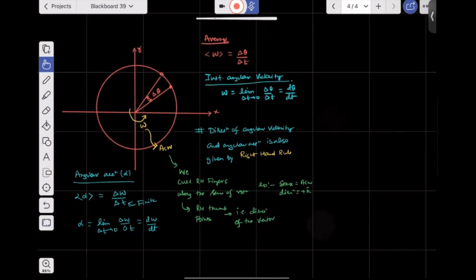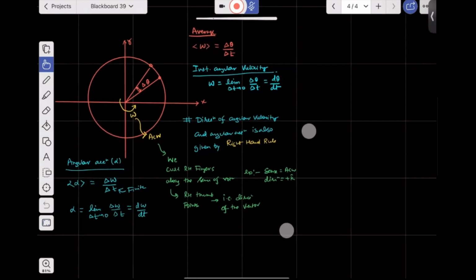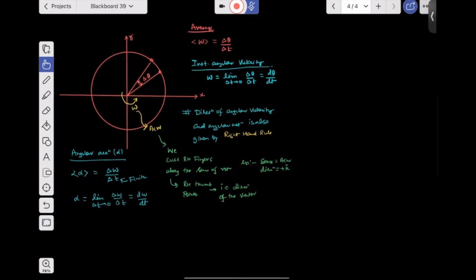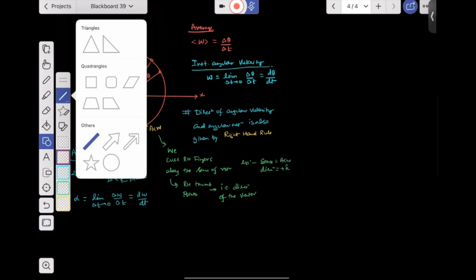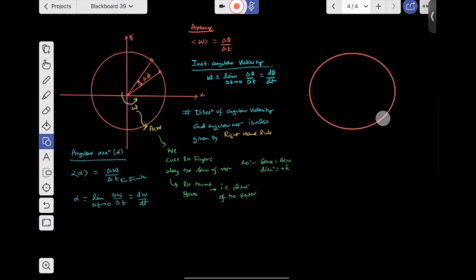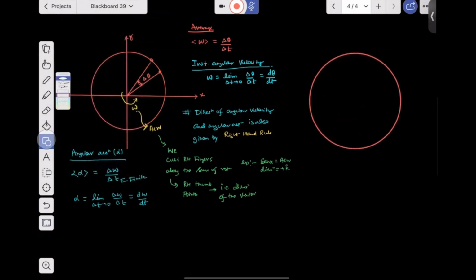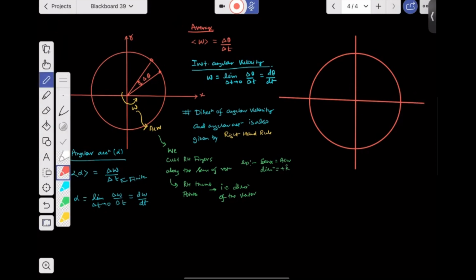Suppose I have a particle undergoing circular motion about the center of the circle, which is at the origin, and the angular velocity with which it does that circular motion is omega.